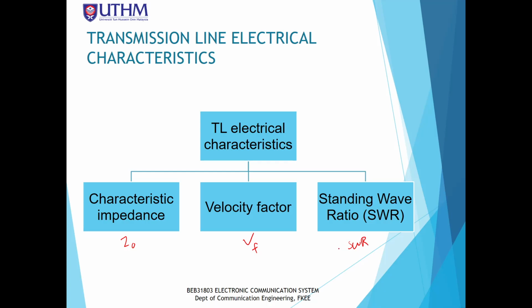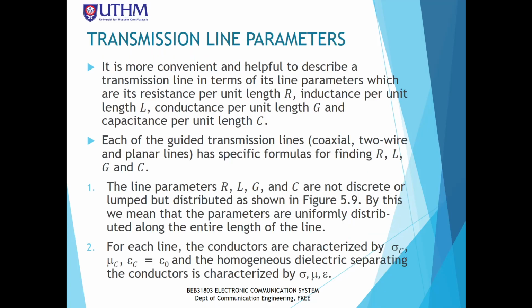These are the important parameters for the transmission line. We can actually define the transmission line, the cable, in terms of lumped elements, which consist of resistance, inductance, conductance G, and also the capacitance.